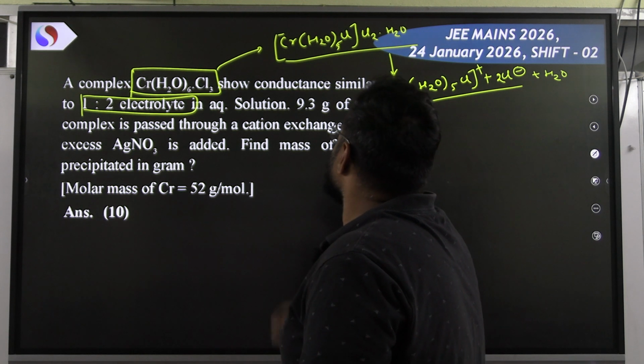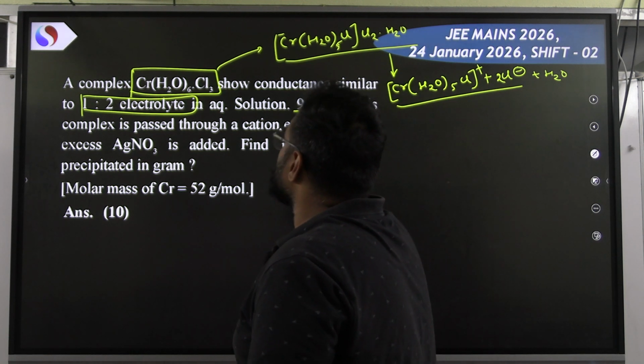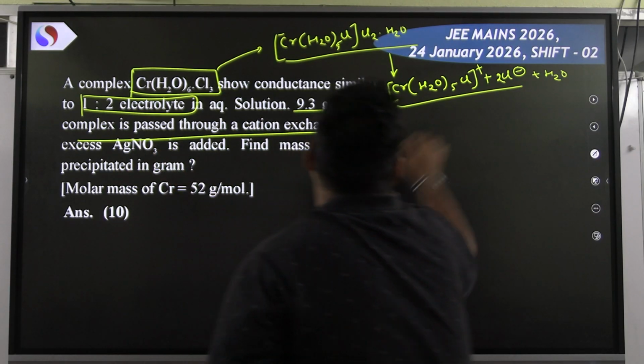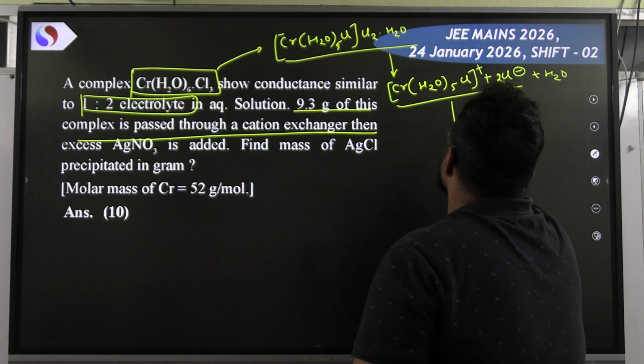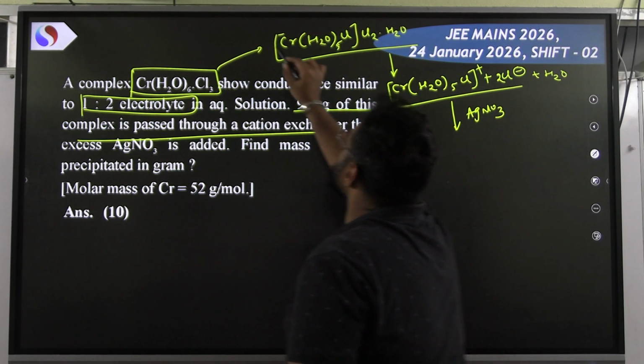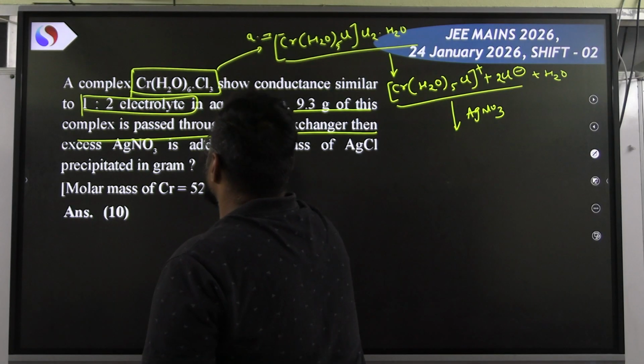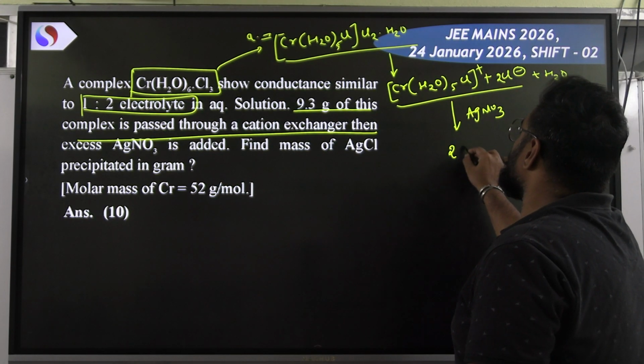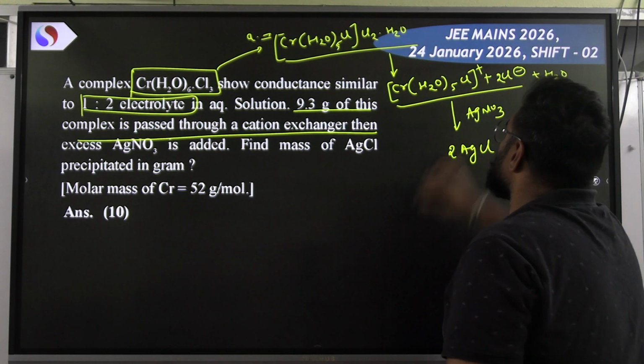Now the question is saying 9.3 gram of this complex is passed through a cationic exchange in excess AgNO3. Matlab this reacts with AgNO3. Let the complex be A. It reacts with AgNO3, so it produces 2AgCl.